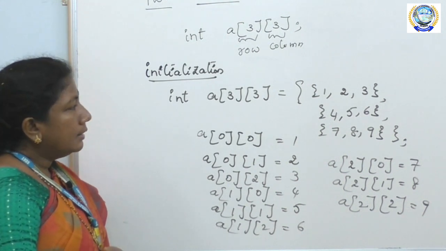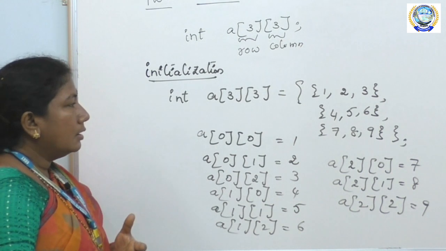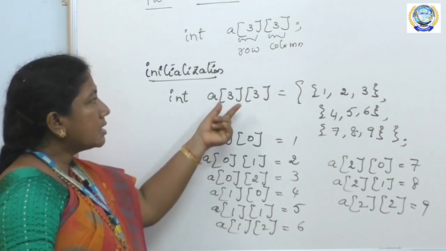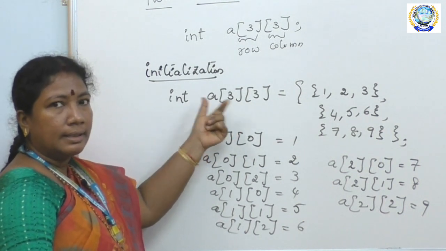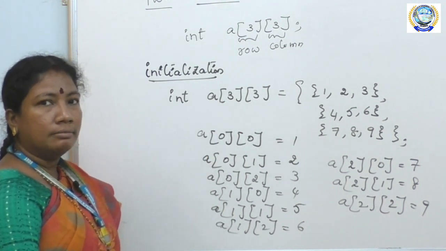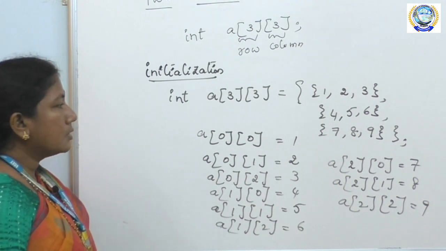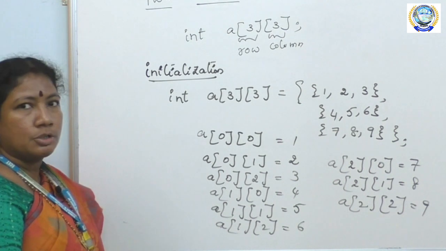Next, if we give more values than specified here, then the compiler will give an error at the time of compilation. So, those two precautions should be taken.